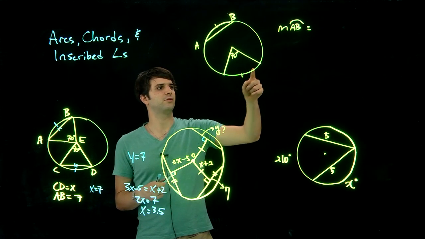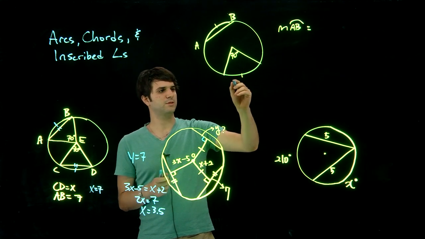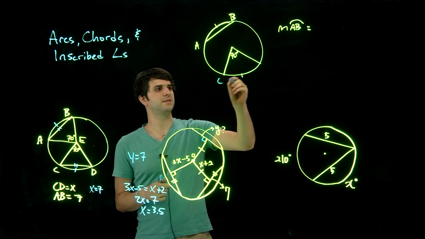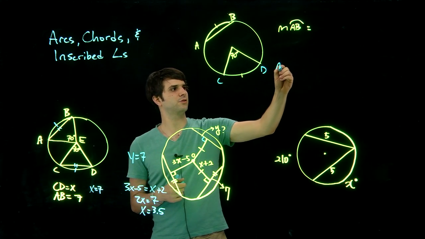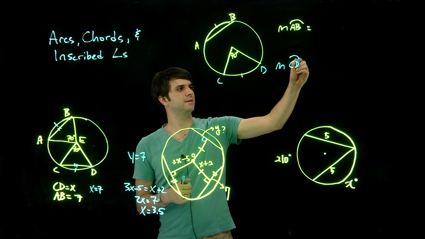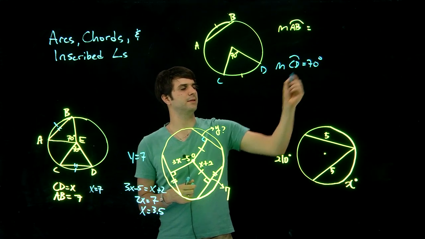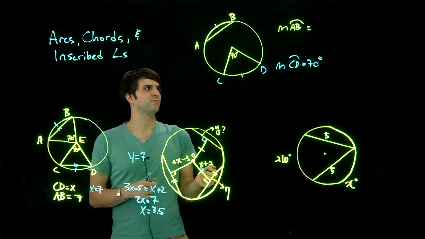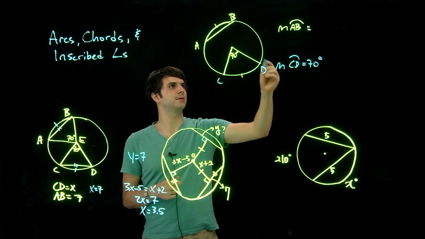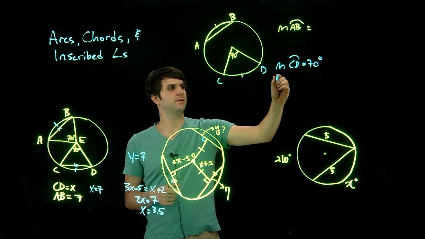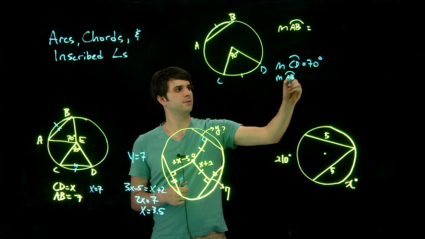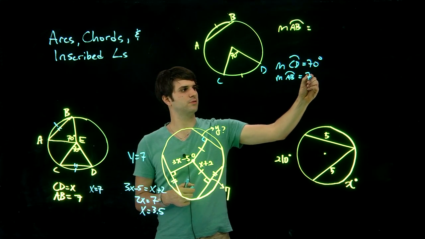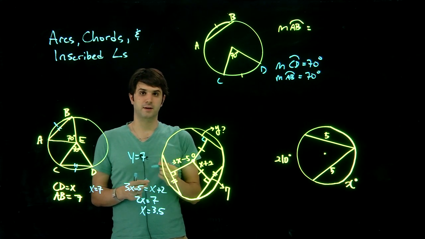If we find the measure of this arc, we'll call this CD. The measure of CD is equal to 70 degrees. So if these 2 are congruent by the given, then the measure of arc AB also equals 70 degrees.